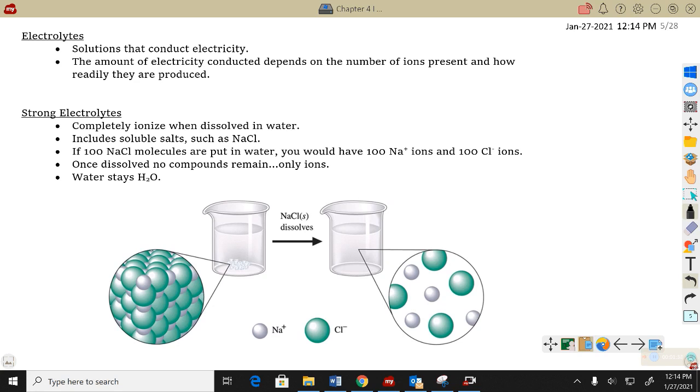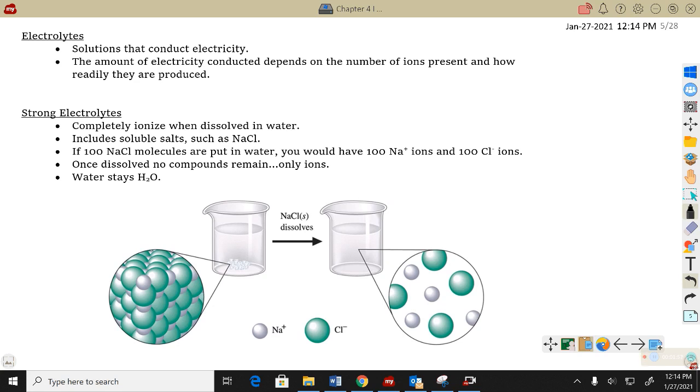The strong electrolytes are solutions where the solid completely ionizes. The solute, whatever it might be, ionizes 100%. A good example is something like sodium chloride.